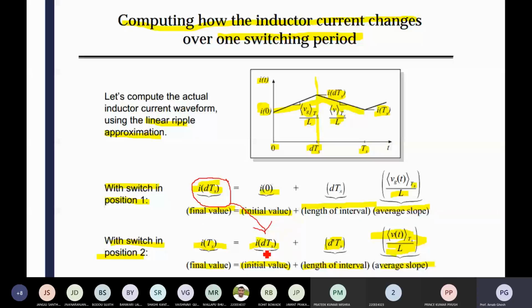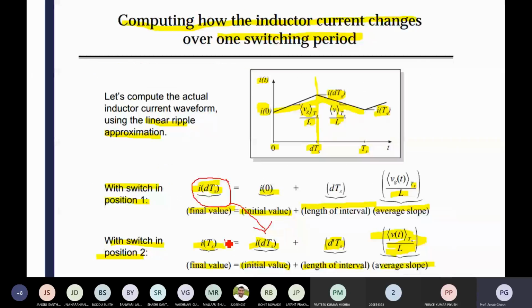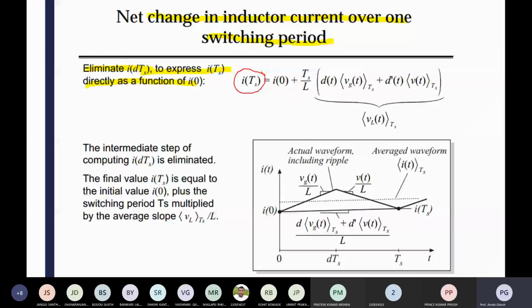So finally you will get that expression of I(Ts). So what is your I(Ts)? Now you are going to calculate the value of I(Ts). So what is that expression? I0 plus Ts by L, d times vg(t) with suffix Ts, plus d' times v(t) again with suffix Ts.